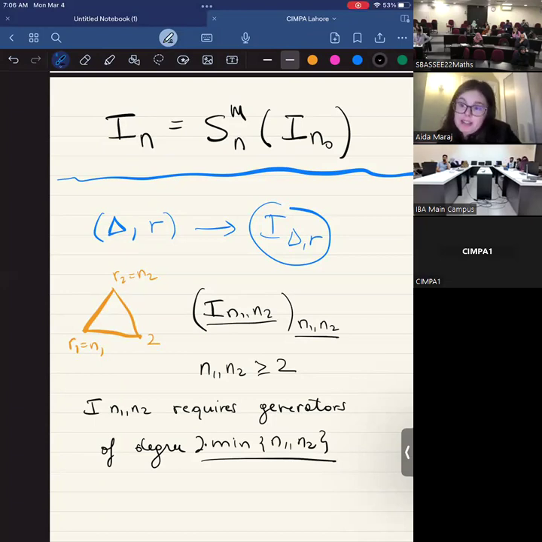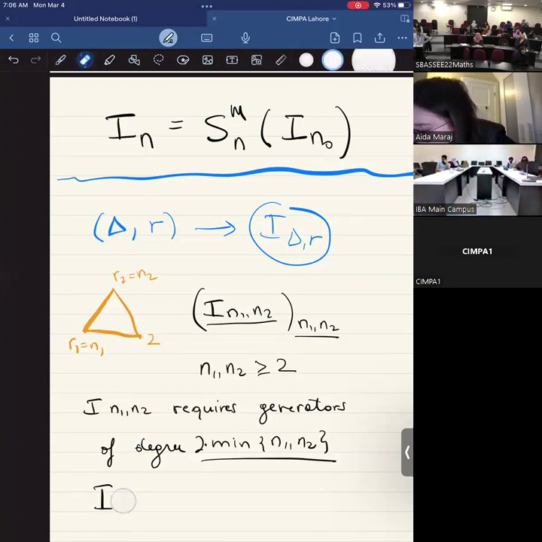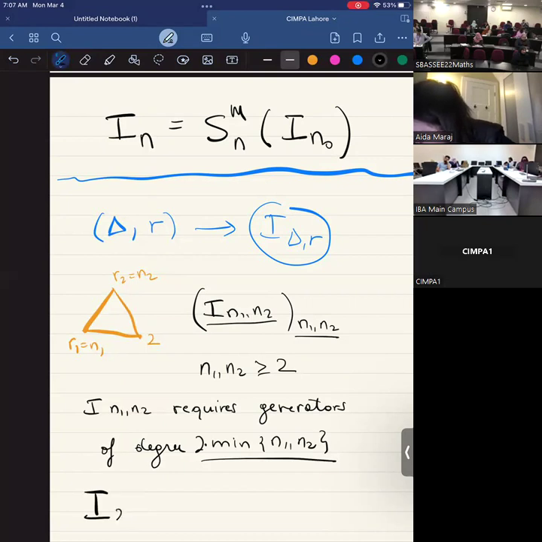Let me say it like this. If I take I of 2, 2, it requires generators of degree 4.